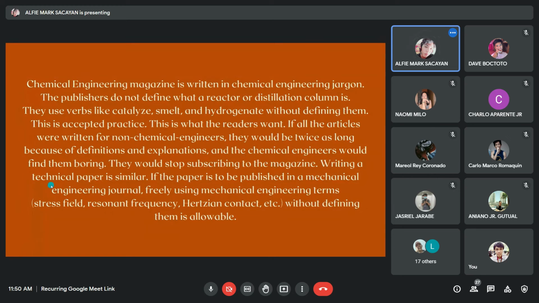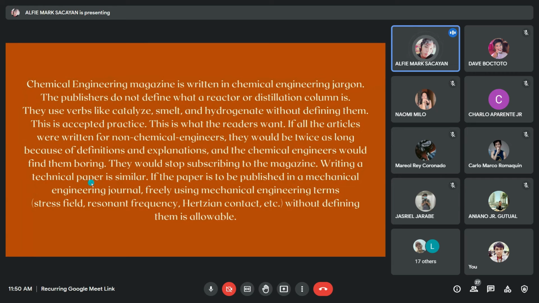So kung butangan mo siya og definitions and explanation kay engineers man ang mga readers, so ma-boring sila kung sila na ang magbasa. So most likely they would stop subscribing to the magazine, kay mabore naman sila, sabot naman sila sa definition.